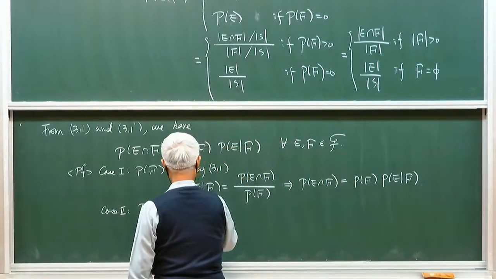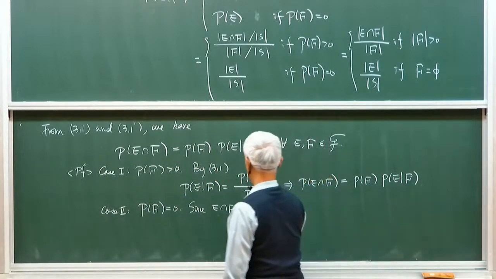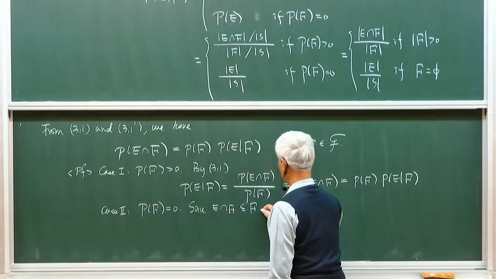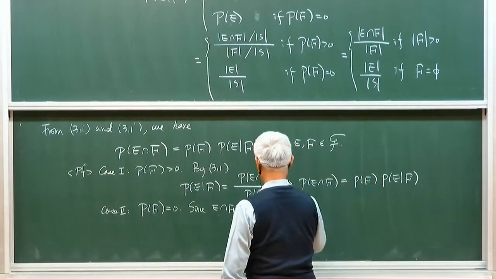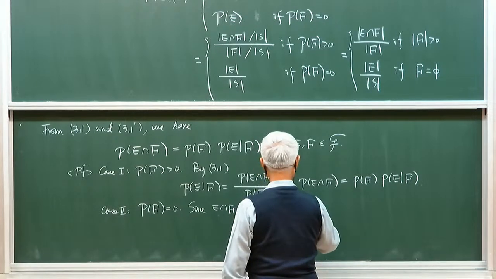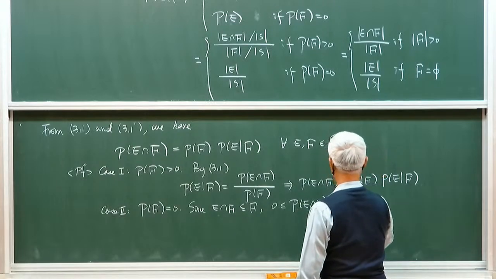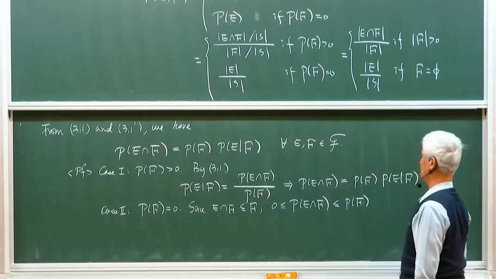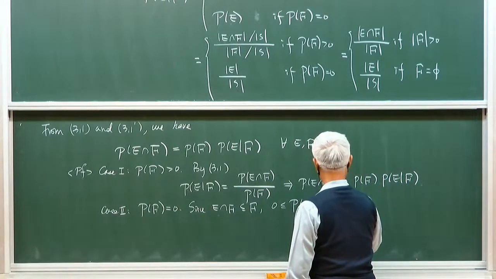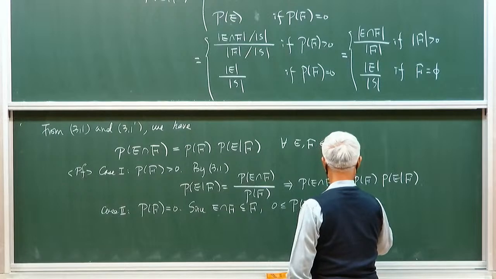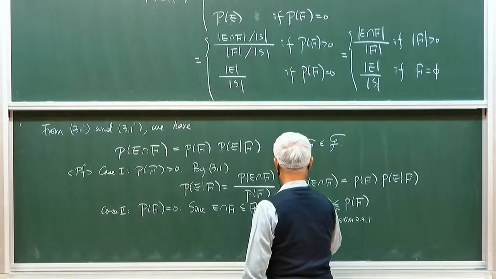Now, since the joint event is contained in F, the probability of E intersect F is less than or equal to probability of F, and this is proposition 2.4.1, axiom number 1.